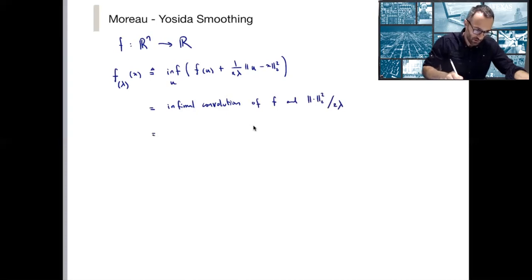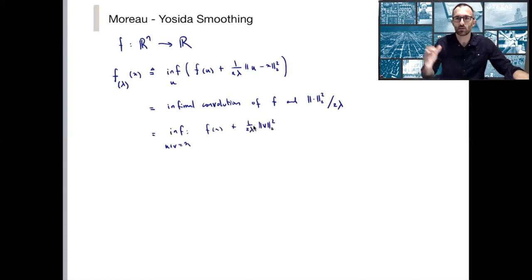This is equal to the infimum over all u and v whose sum is equal to x of f of u plus 1 over 2 lambda times the norm squared of v. Nothing has happened here. I'm just relating it to specific definitions that we've made in the past.